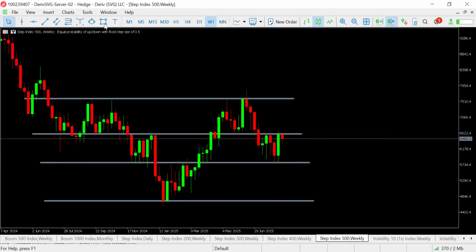Now, how do I mean? If I map this out, you can see that there's a big bullish engulfing candlestick pattern here, where we have a green candle completely covering a red bearish candle. So this is the bullish engulfing candle.